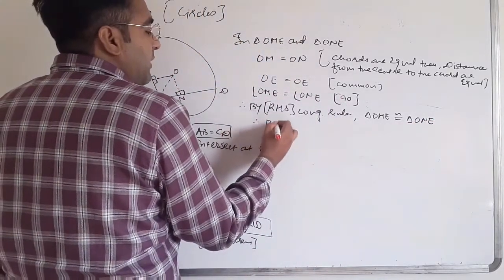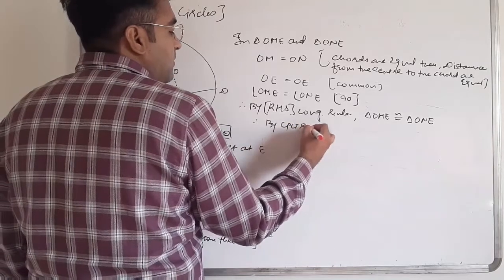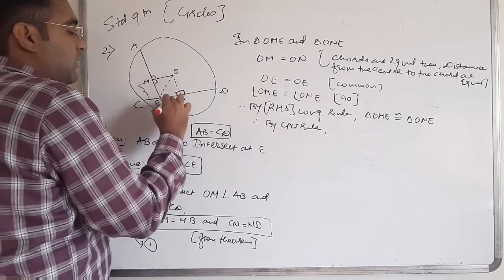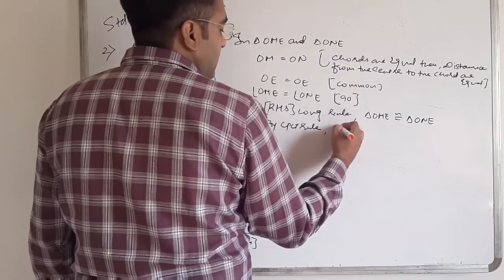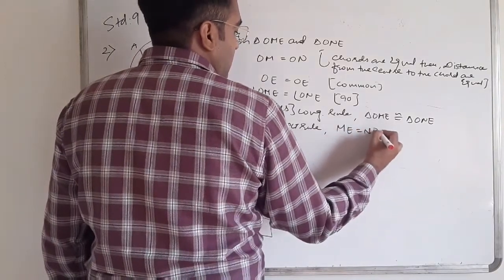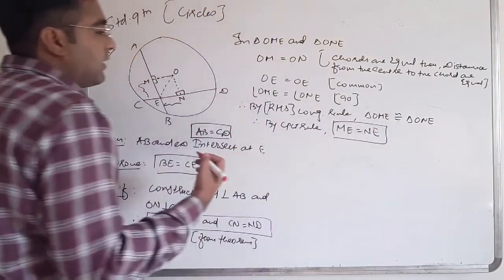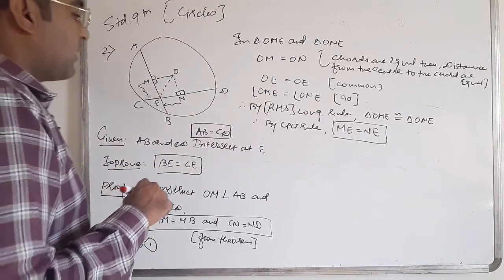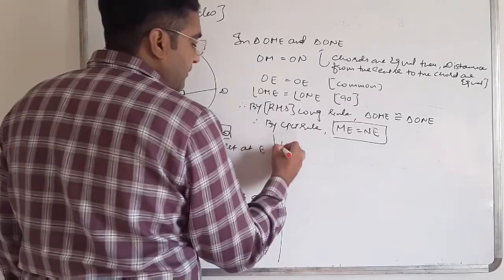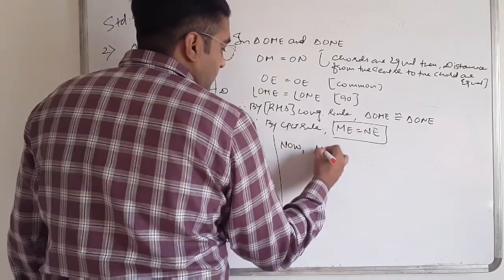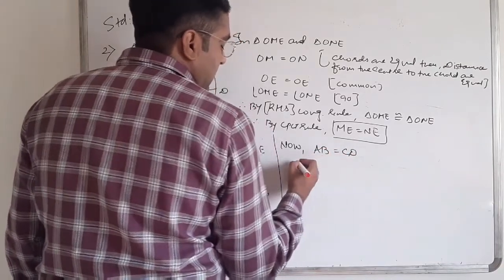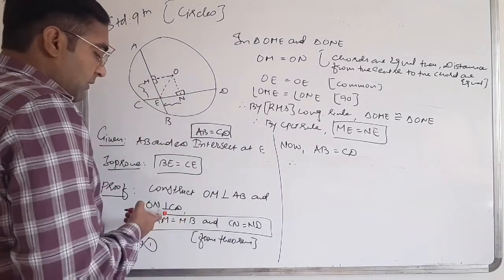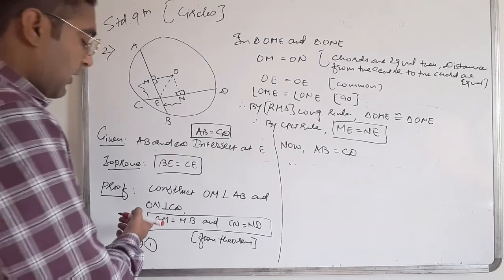So we should write that by the CPCT rule, their corresponding parts are equal, that is ME is equal to NE. Corresponding parts of the triangles, ME is equal to NE. Clear that? Now AB is equal to CD, therefore AB is divided into two equal parts, AM and MB.